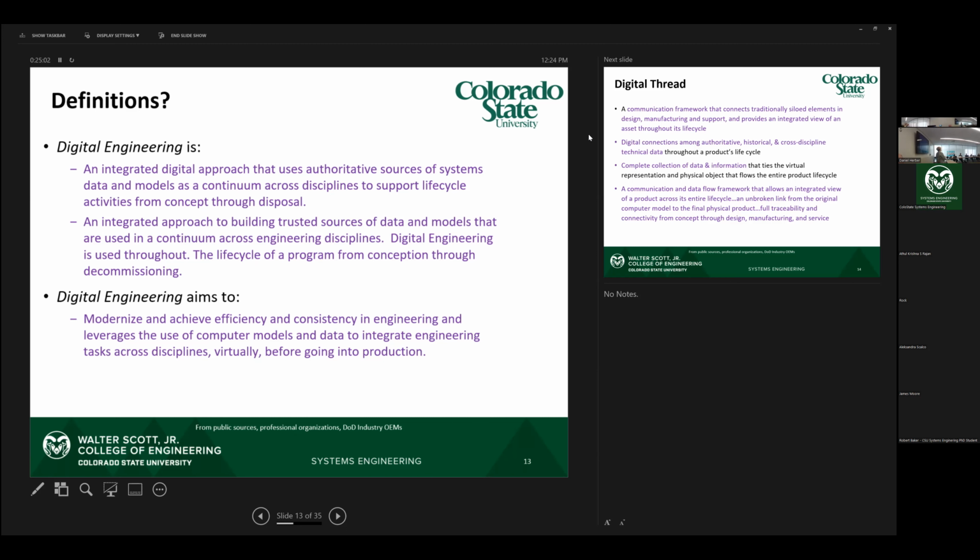You have a model, you're going to use a model, you're going to store everything in a digital twin. I'm just letting you guys read these because you'll see these over and over and over again. But there are some commonalities to every one of these definitions. Trusted sources of data is one of the most favorite things to talk about, and models that are used across that. And that means everybody's going to be sharing the same modeling parts.